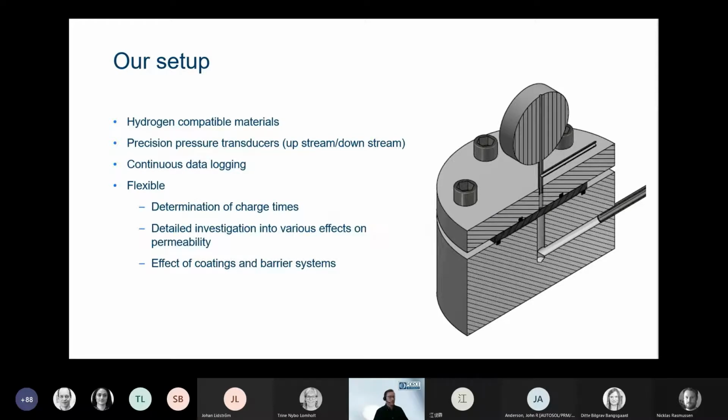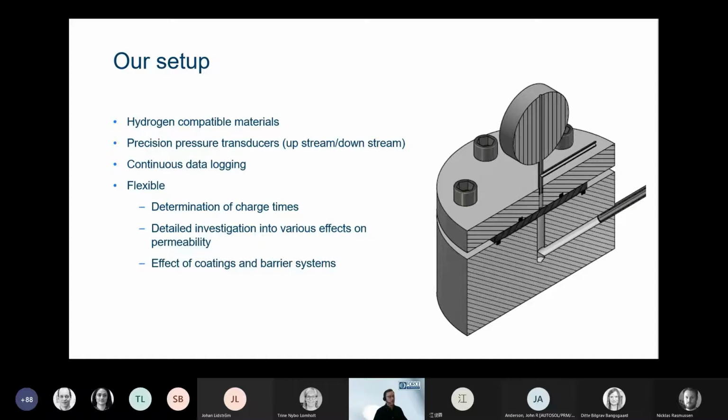The setup is quite flexible. It's just 2 parts, and in the middle we put our sample. One thing we use it for is to determine the charge time. Charging can be done electrochemically or with gas, as Dida has been talking about.